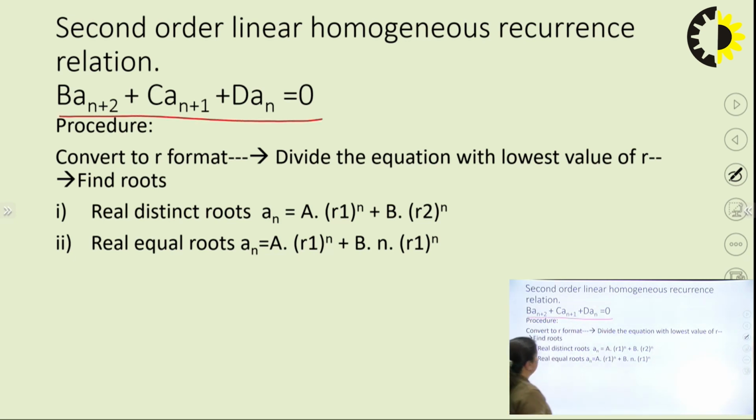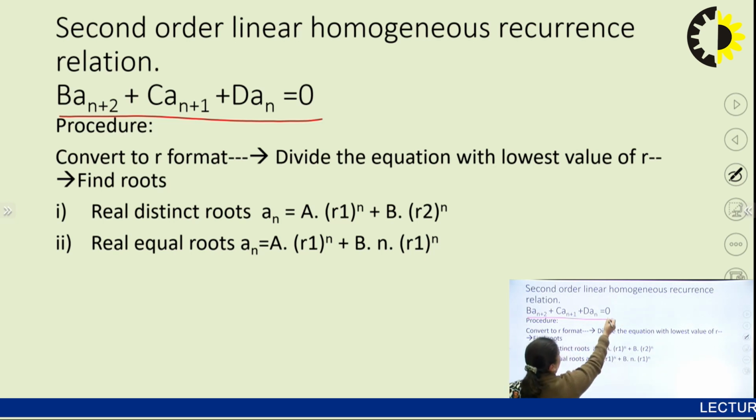Just see that my n plus 2 term will always be dependent upon the n plus 1 term as well as the nth term. So the n plus 2 term can be expressed in terms of the n plus 1 term as well as the nth term. So we call it a second order linear recurrence relation, and since it is equated to 0, it is a homogeneous recurrence relation.